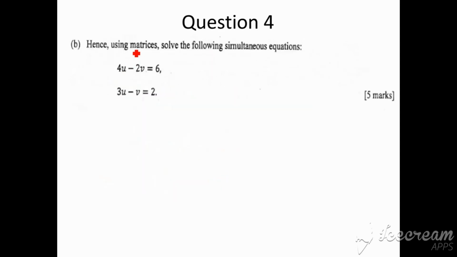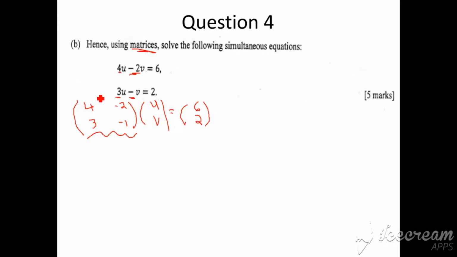B. Hence, using matrices, solve the following simultaneous equations. First step, you list down all the coefficients of U and V. So this is 4, negative 2, 3, negative 1, and this is UV equals 6, 2. To find the value of UV, we have to bring this matrix to the right hand side, and it becomes the inverse matrix.